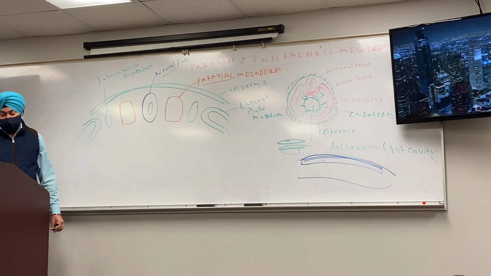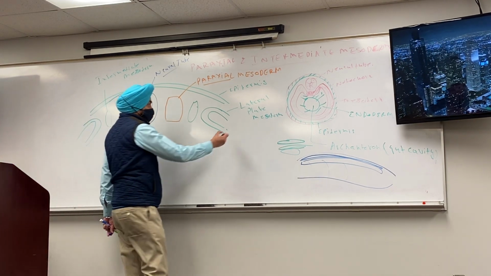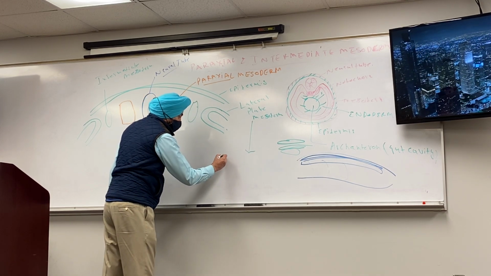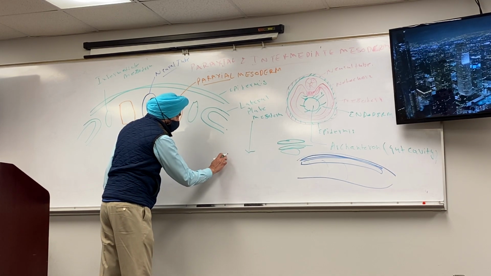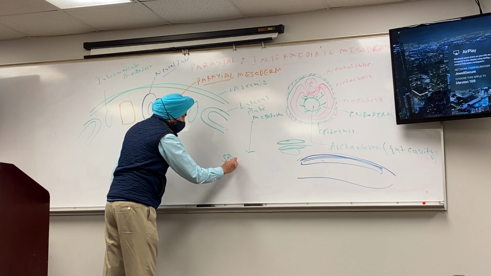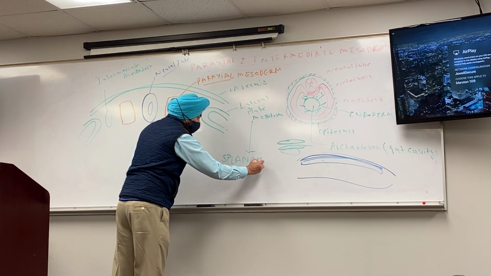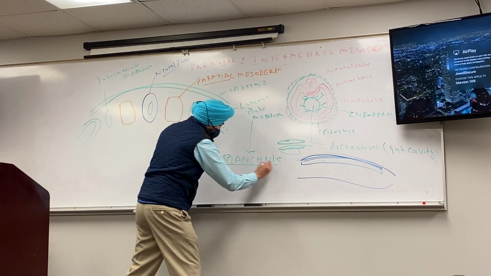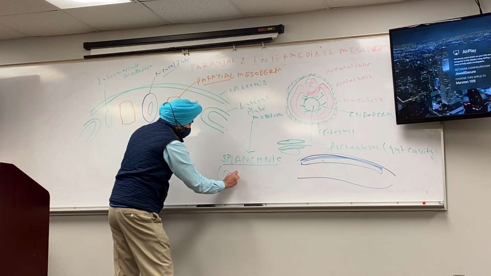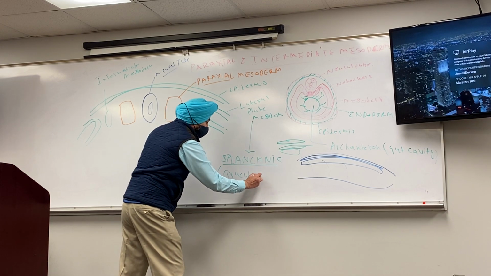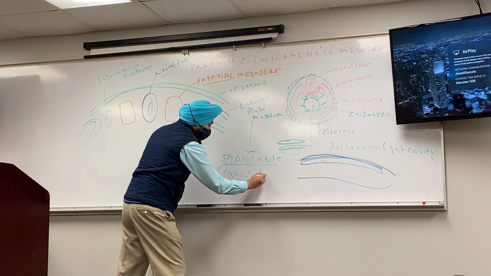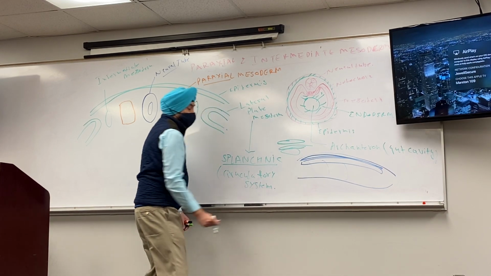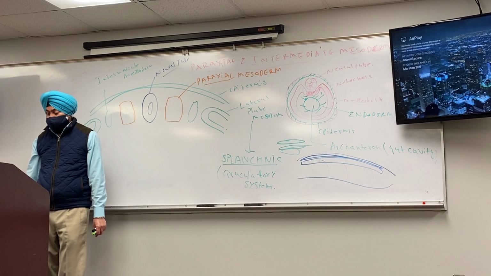Now the lateral plate mesoderm is going to give you splanchnic. Splanchnic means the circulatory system. So the circulatory system is coming from there.